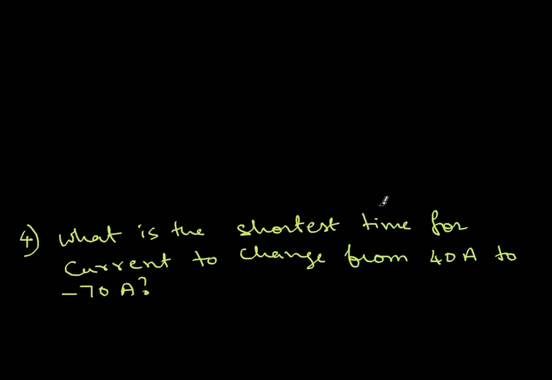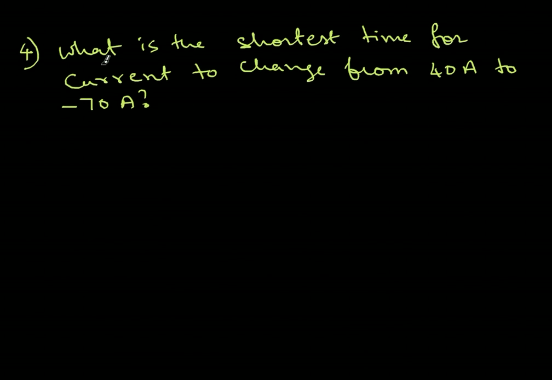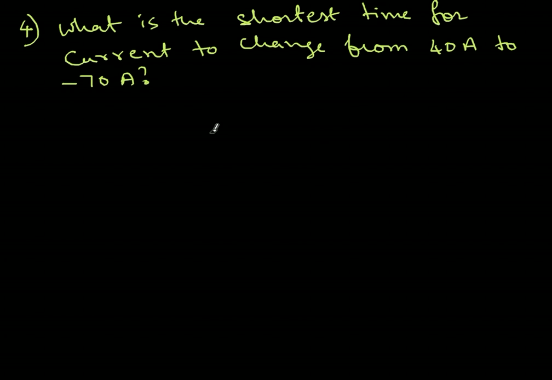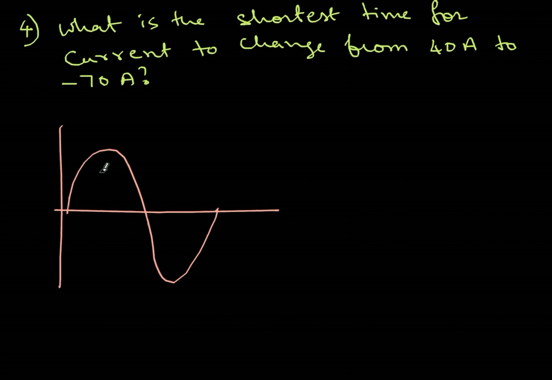So I have one more question. In fact, I have two more questions. What is the shortest time for the current to change from 40 amperes to minus 70 amperes? So again, look at the waveform. The current reaches 40 amperes somewhere here. So this is 40 amperes here and 40 amperes here.